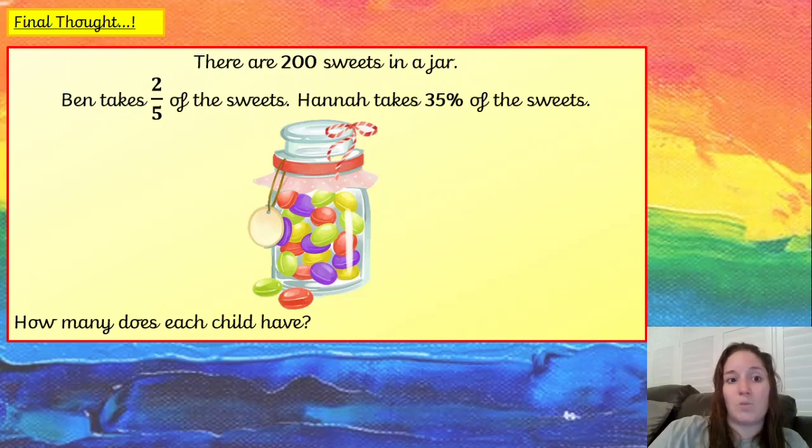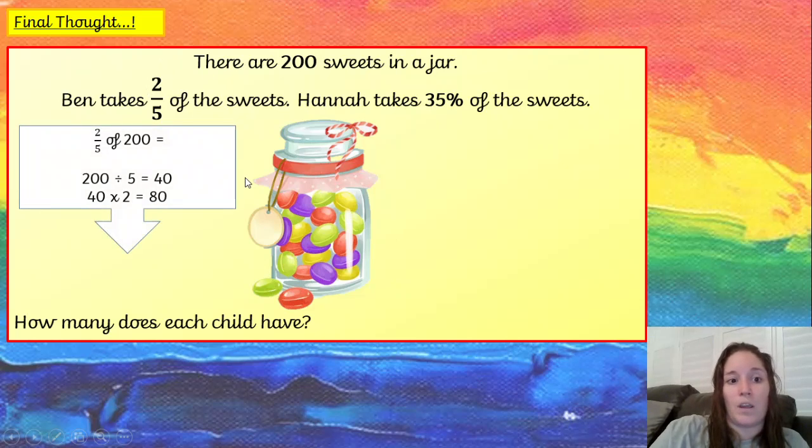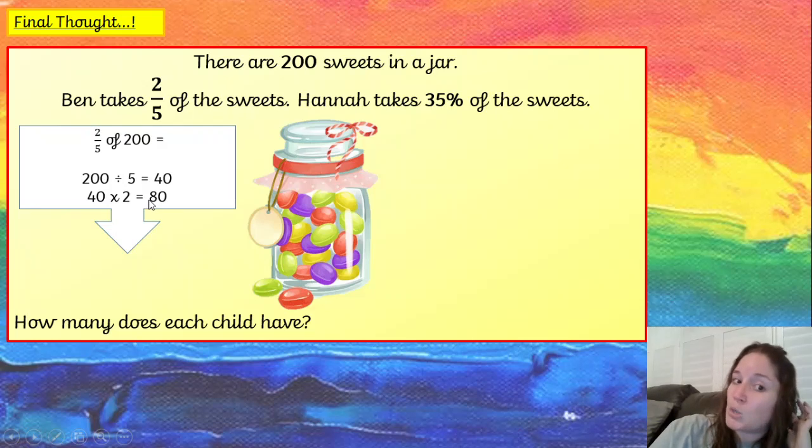We're then going to times 40 by 2 because that's our numerator, which tells us that Ben has taken 80 sweets. So we had 2/5 of 200, so we divided 200 by 5, gave us 40, and then we times that by 2, which gave us 80.